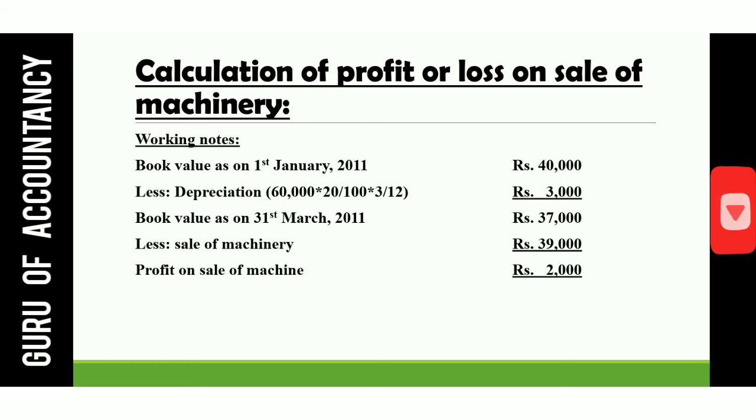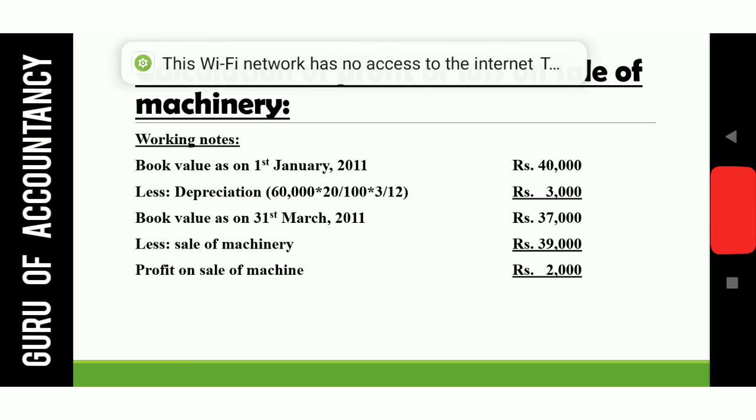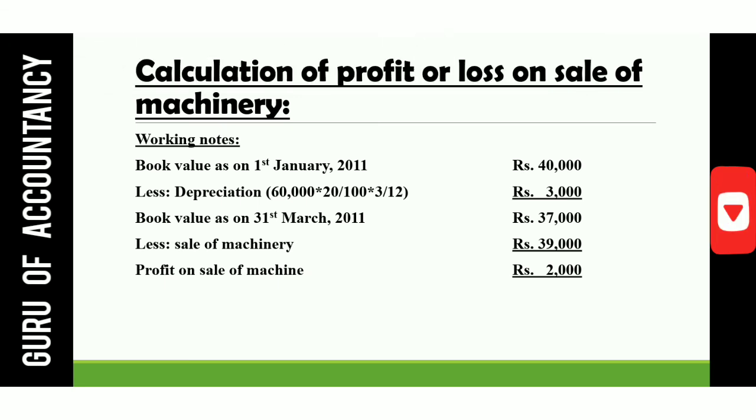So book value on 1st January 2011 is 40,000. From that, depreciation on 60,000 at 20% for 3 months, so 3,000. So now we have book value on 31st March, on the date of sale, 37,000, and it is sold for 39,000.